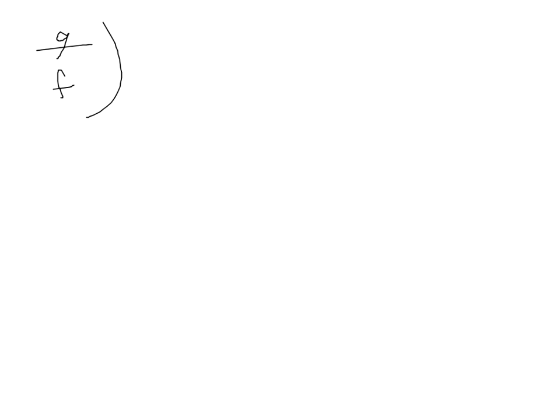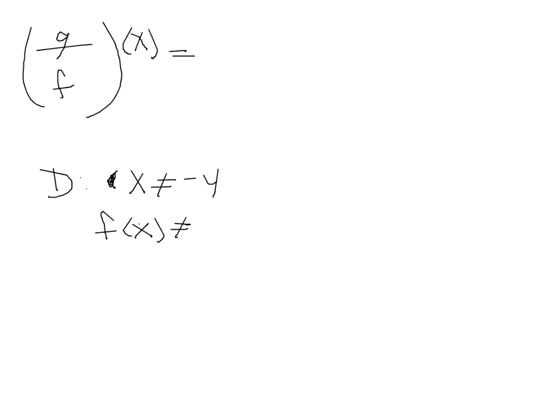Let's go ahead and talk about, I didn't write it on the front page, but let's talk about g divided by f. So what's its domain going to be? So we already have this domain. x can't be minus 4. That's from the last slide. But now we need to add f of x can't equal 0. So f of x is x plus 5.